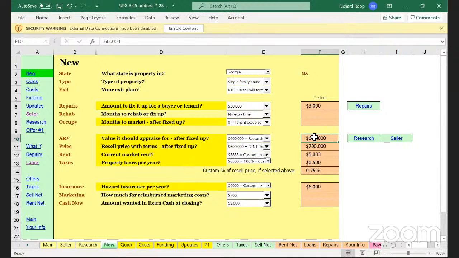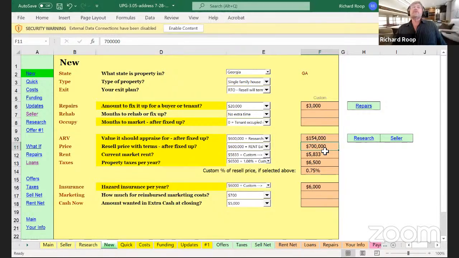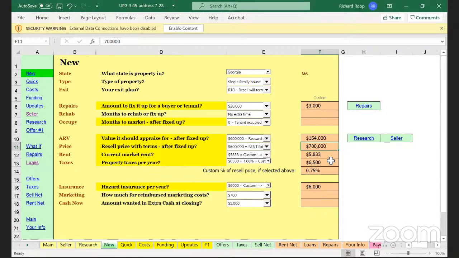What did you say? 153.9, 154. I said 155. I'd say 154. Be conservative. 154. All right. And if you fixed it up and sold it with owner financing or rent to own, what price would you ask? I was considering asking about 136.